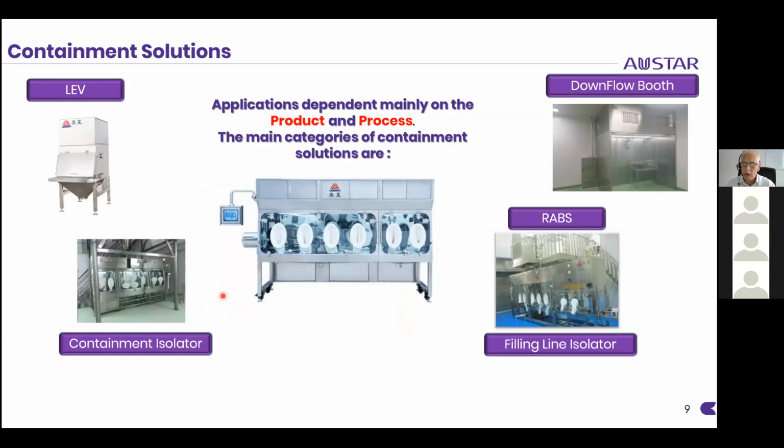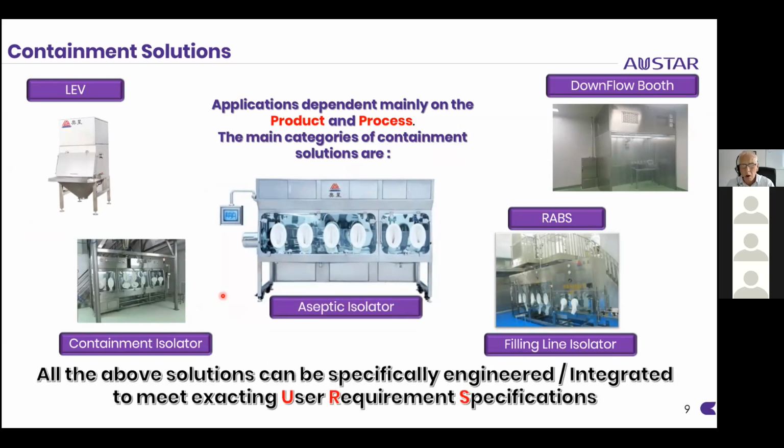We have containment isolators. We also have aseptic isolators. All of these solutions can be specifically engineered to meet exacting user requirement specifications. So these are not standard products. All of these products can be engineered specifically to suit the product and the process.